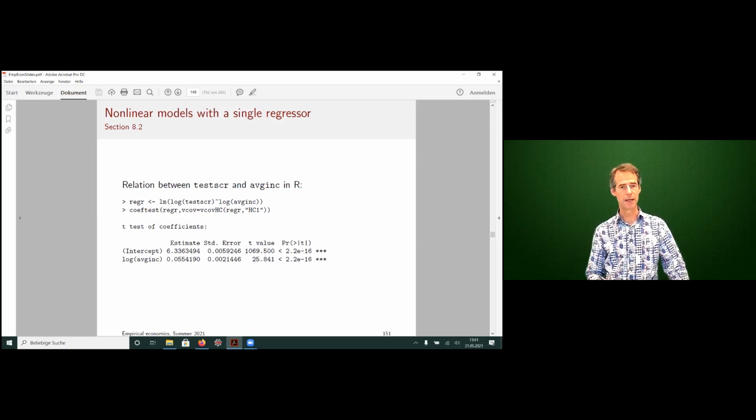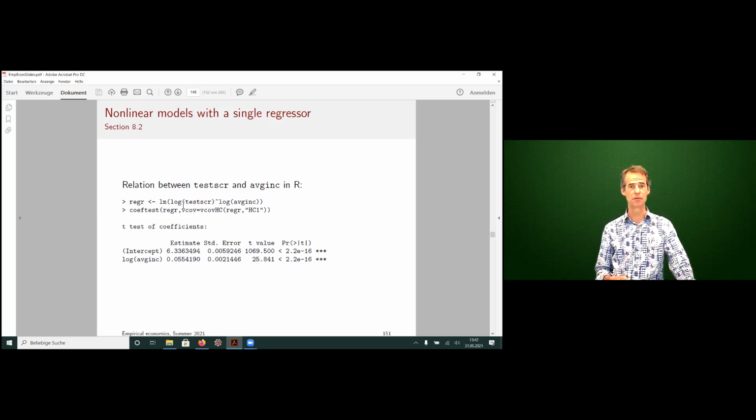And we can run that as well in R. So here we have the relationship between the log test score on the left-hand side, and we model that as a function of the log average income on the right-hand side. We just use the ordinary lm command. We do not need the capital I function.